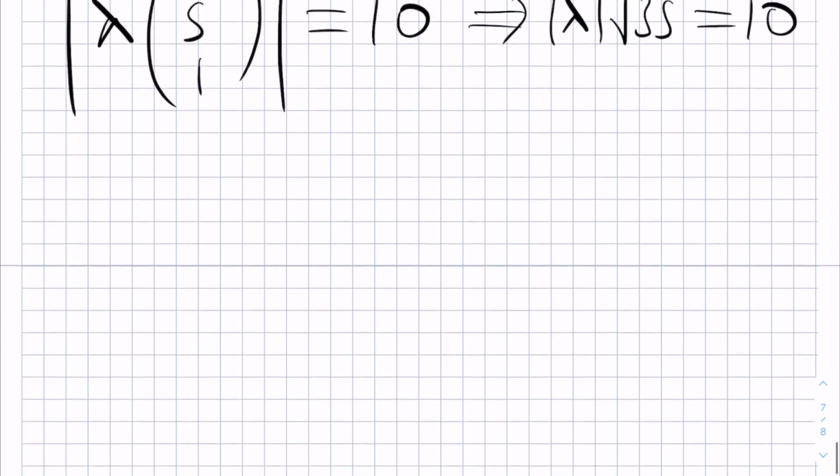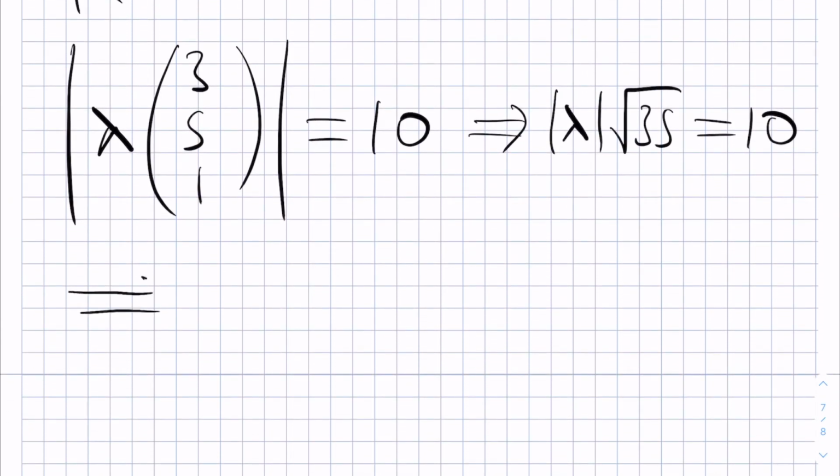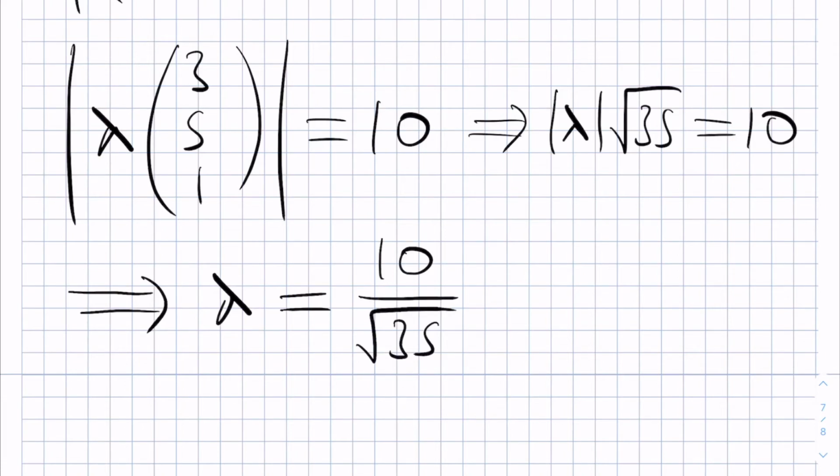As such, lambda must be positive, and so we get lambda equals 10 divided by the square root of 35.